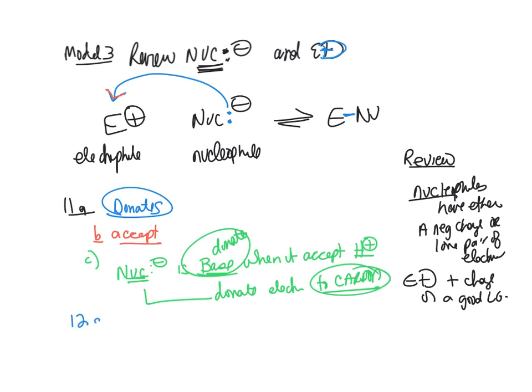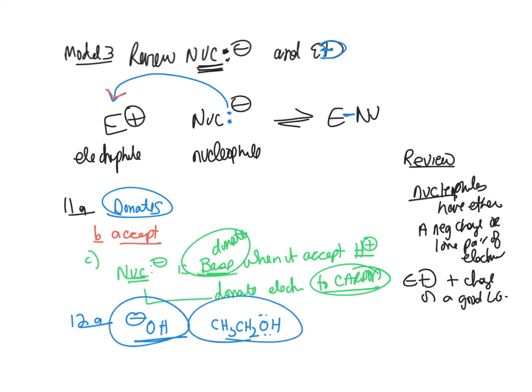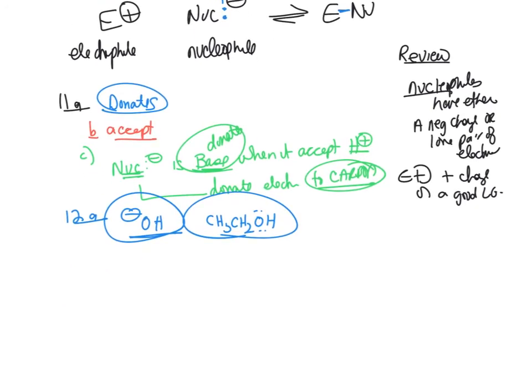Okay, what is 12A? Circle the compounds that are capable of acting as nucleophiles. So did you circle the ones with a negative charge and a lone pair? This is another reason why you put in your lone pairs. So did you circle those two compounds, the hydroxide and the ethanol? Okay, look at the next one. 12B.